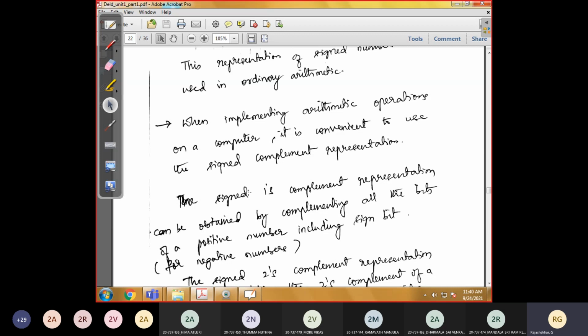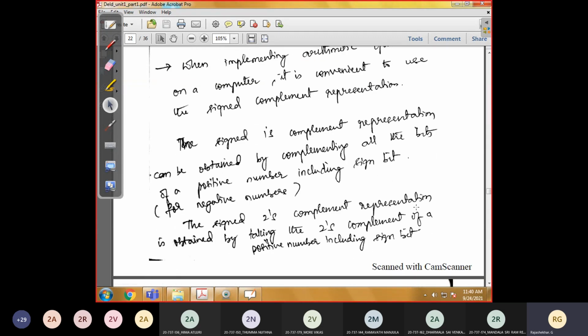So to get the signed ones complement representation of a given number, what you have to do is complement all the bits of a positive number, including the sign bit. Similarly, the signed twos complement representation is obtained by taking the twos complement of a positive number, including the sign bit. So this is how you represent negative numbers.